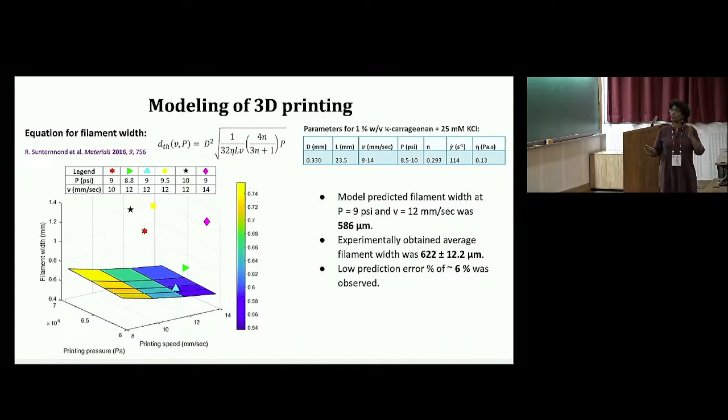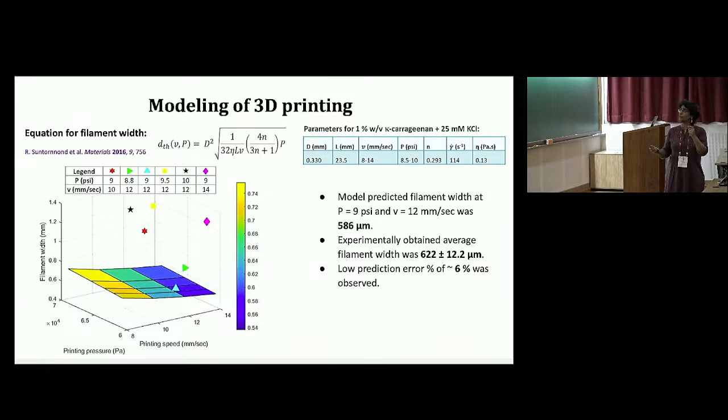We also calculated what would be the theoretical width of the filament to be printed given the diameter of the nozzle. So we know the diameter of the nozzle, we know the shear thinning exponent of this ink, the pressure of the printing, the viscosity of this ink, the length, and the velocity of printing.